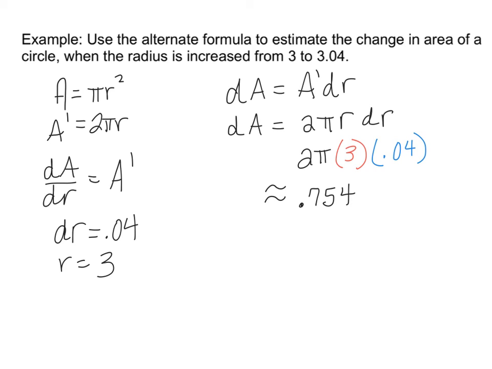If you compare the 9 pi to the 3.04 squared pi, it's a pretty good approximation. It's pretty good, it's close.